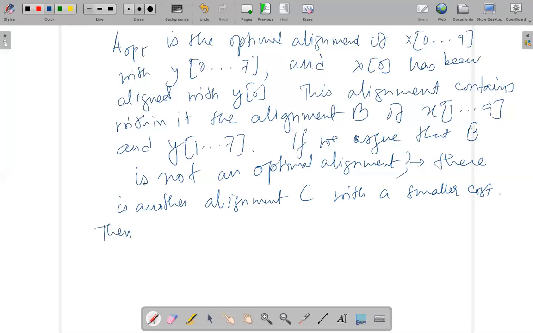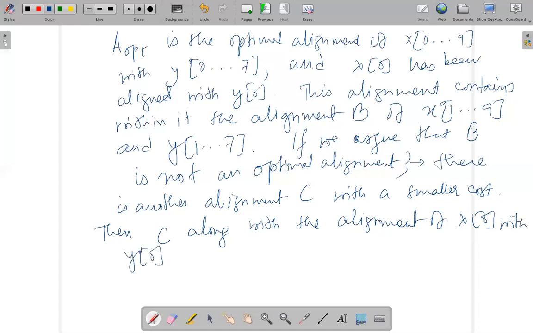Then C, along with the alignment of x0 with y0, will yield a cost lesser than A opt.